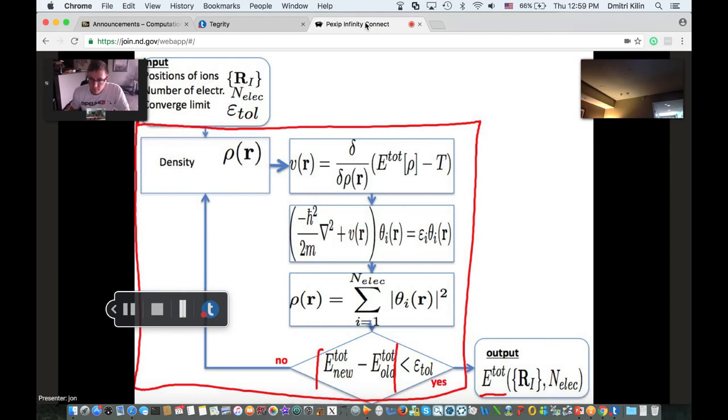And so with this initial density, it can be put into this Kohn-Sham algorithm that you guys went through, right? So we look at the potential and how the total energy, which is dependent on density, changes with respect to density itself.